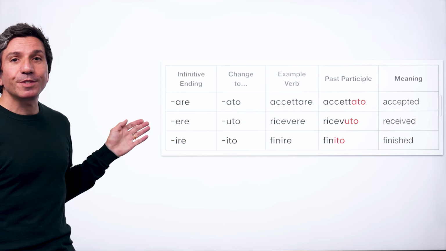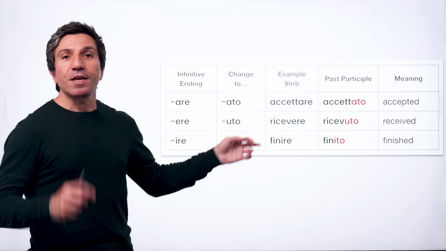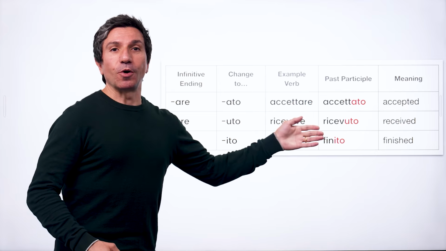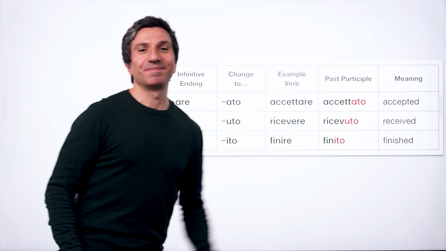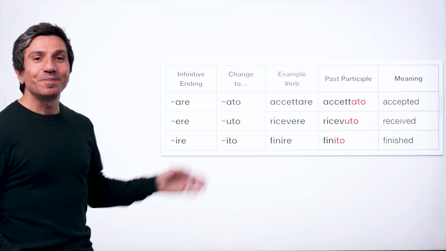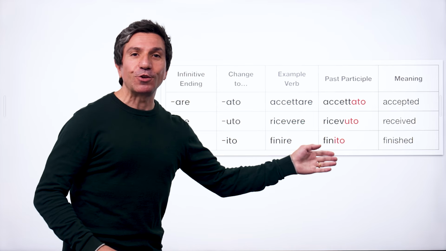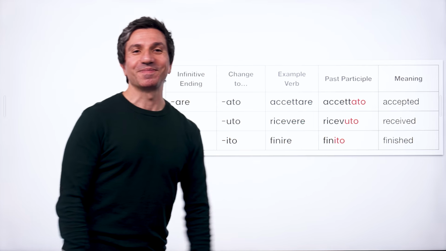For ere verbs, we use uto, so ricevere becomes ricevuto, received. And for ire verbs, we use ito. For example, finire becomes finito, finished.